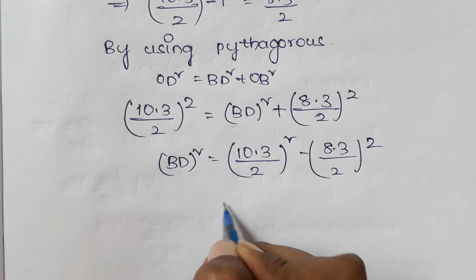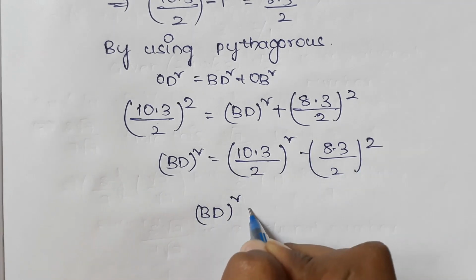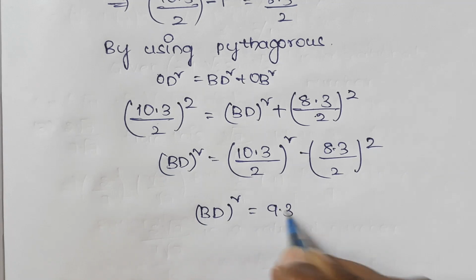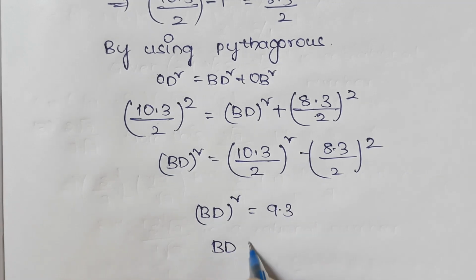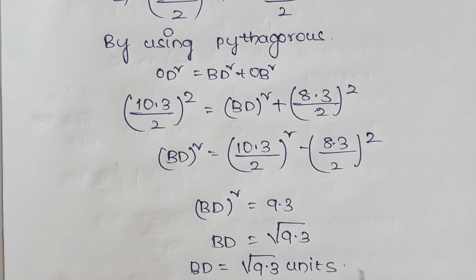From this we will get BD square equals 9.3 when we solve this, and BD equals root 9.3. This is the length of BD, that equals root 9.3. BD indicates root 9.3 units.